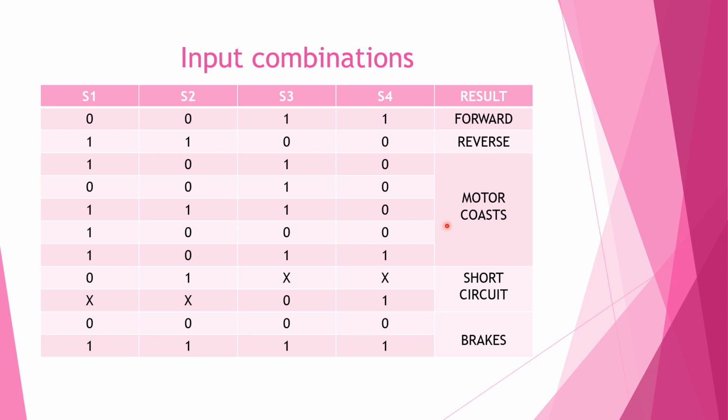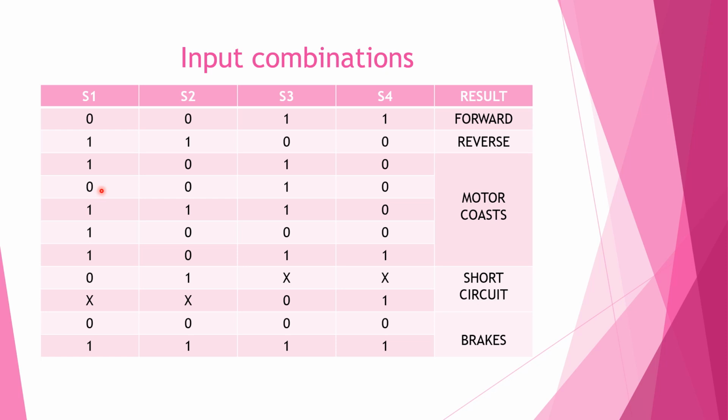And next is motor coasting. Motor coasting means to bring down the motor slowly to rest. For that, one combination is all the transistors will be off. For that, it is 1010. You can look at the circuit and find out the values. That is 1010. All the transistors will be off, and this is for this alone.